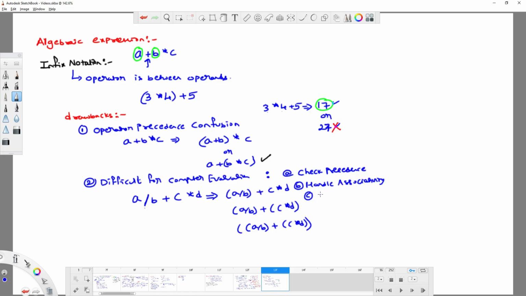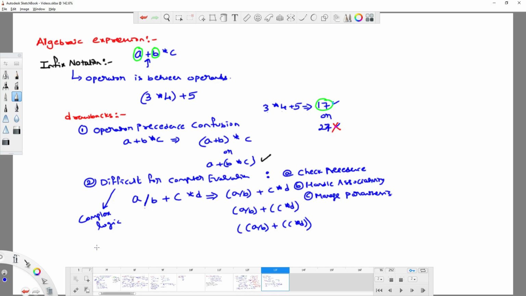Then it has to manage parentheses also, and if nested parentheses are there, that requires more handling. In order to handle all these things, it is difficult for computer evaluation, and you definitely require complex logic. This is one more drawback.